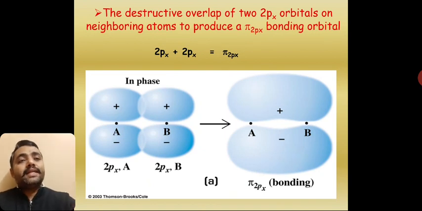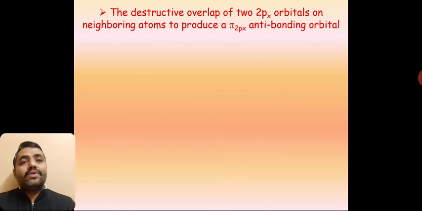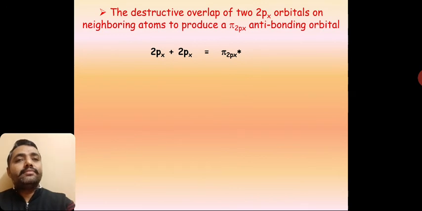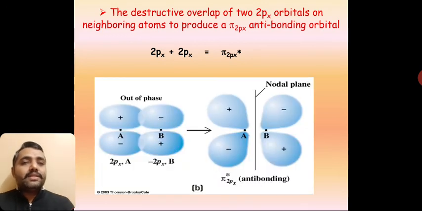In the next slide, the destructive overlap of two px orbitals on neighboring atoms produces the pi star 2px antibonding molecular orbital. As a negative overlap, one is positive and another negative, a dumbbell shape, therefore it goes to the antibonding molecular orbitals.